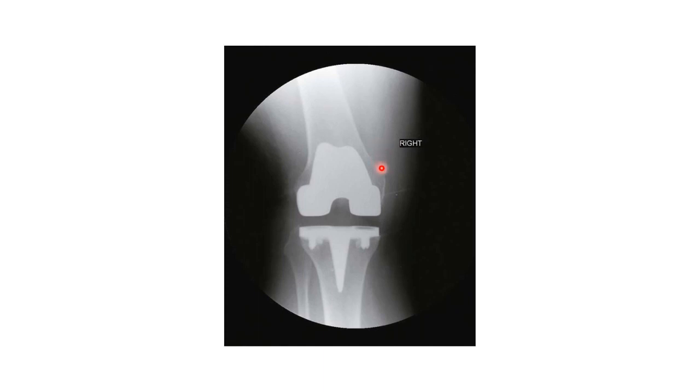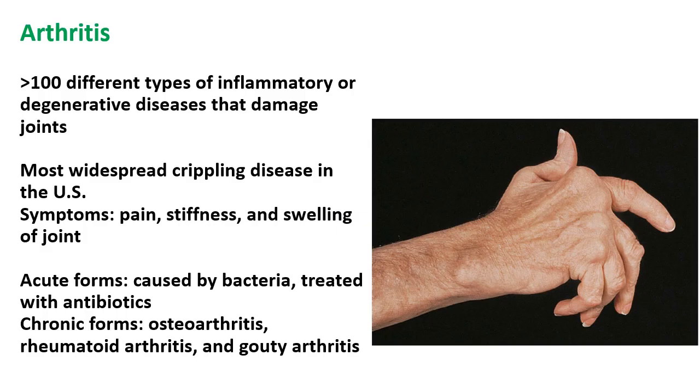So here's an X-ray showing a knee replacement. Other problems that can happen with joints, like arthritis. Look at this. This is rheumatoid arthritis. It's very deforming, but you have a lot of types of arthritis out there. Over 100 different types of arthritis or inflammation of the joints.